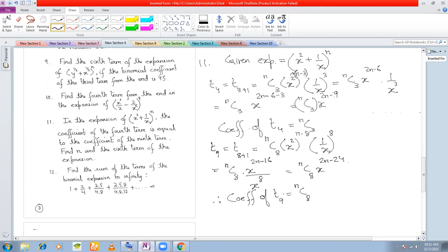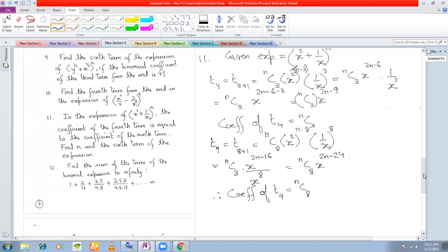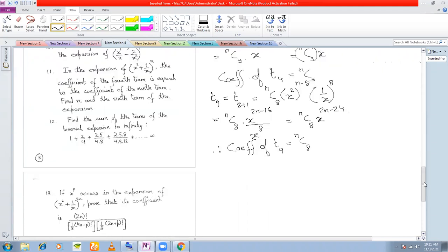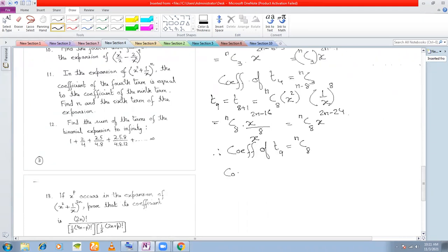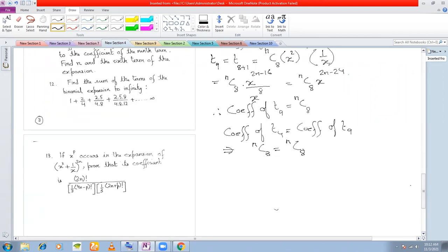Now what is given here? That the coefficient of the fourth term and the coefficient of the ninth term are equal. So coefficient of T4 is equal to coefficient of T9. Coefficient of T4 is NC3 and coefficient of T9 is NC8. Now we need to solve this equation. So how do we solve this?